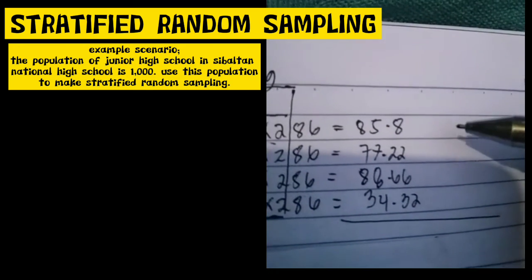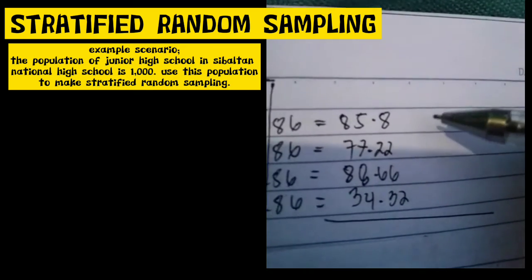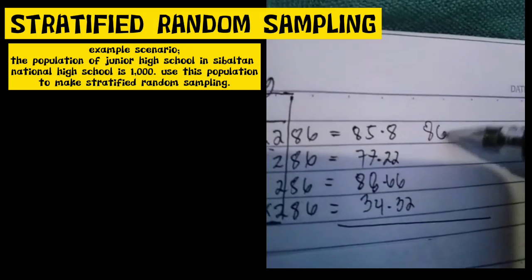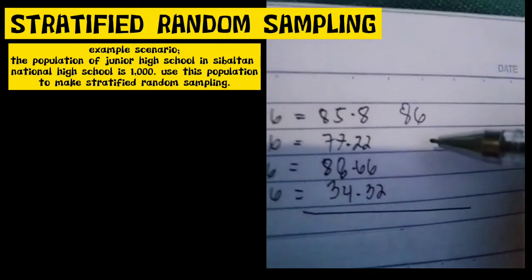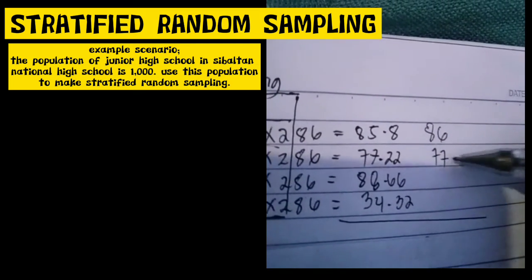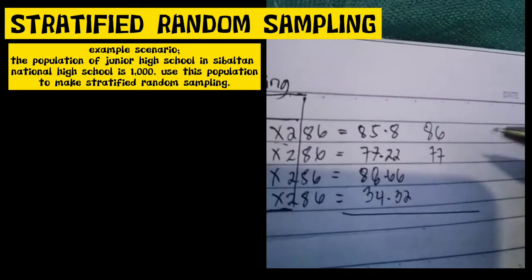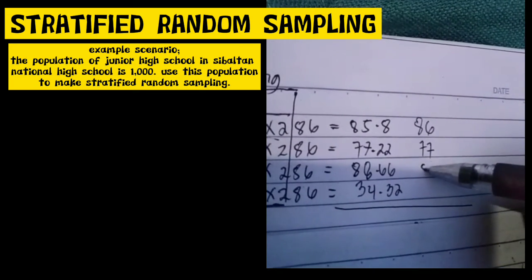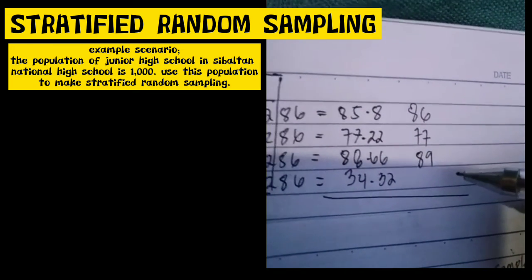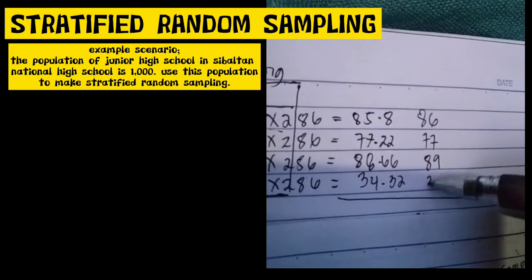So the 85.8 could be 86, 77.22 is still 77, 88.66 being 89, and 34.32 still 34.